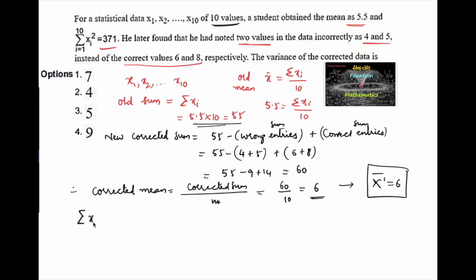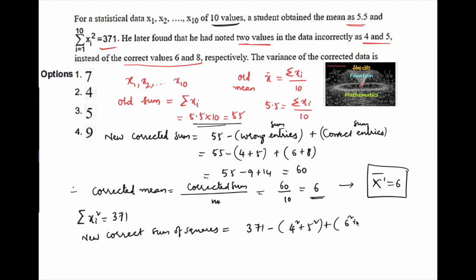Given that summation of xi square is equal to 371, so this is the old one. So the new corrected sum of squares is equal to 371 minus the square of the wrong entries, that is 4 square plus 5 square, and we need to add the squares of the new entries, 6 square plus 8 square.